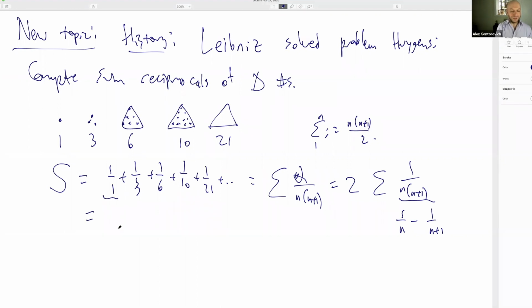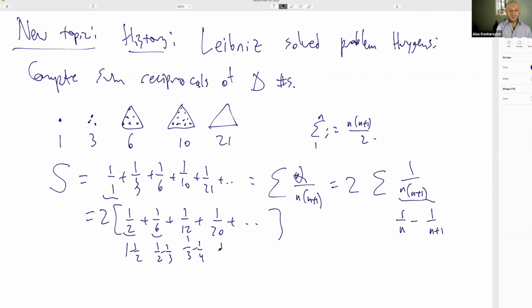This one we can write as, so if I pull out a factor of 2, then I'm left with a 1/2 plus a 1/6 plus a 1/12 plus a 1/20, and so on. And a half is 1 minus a half, and a 6th is a half minus a third, and a 12th is a third minus a quarter, and a 20th is a quarter minus a fifth, and so on.